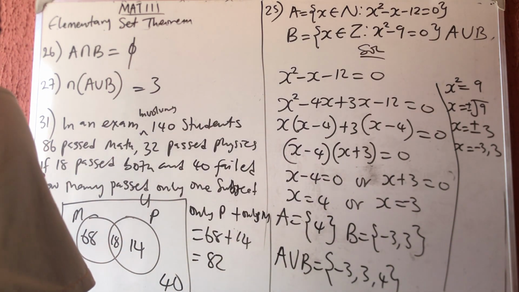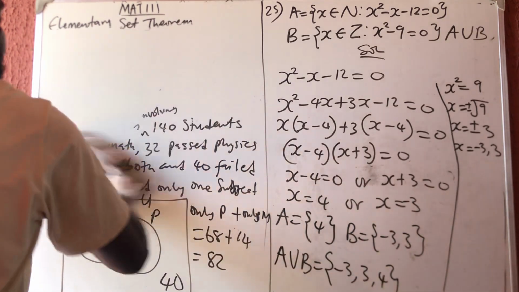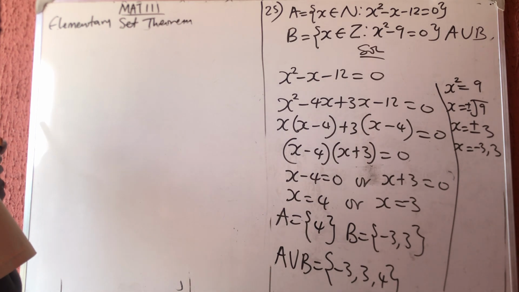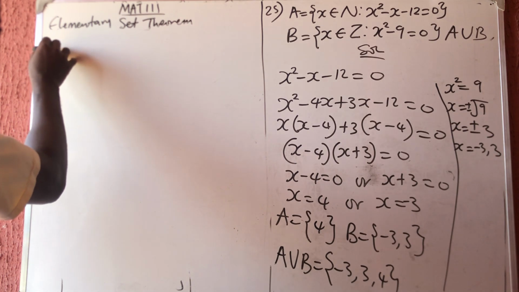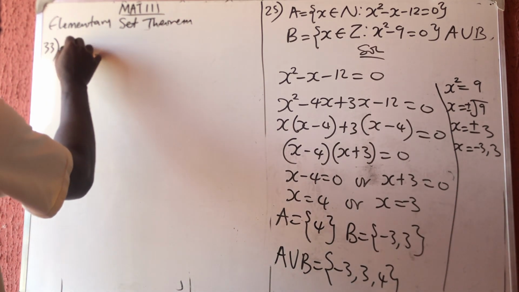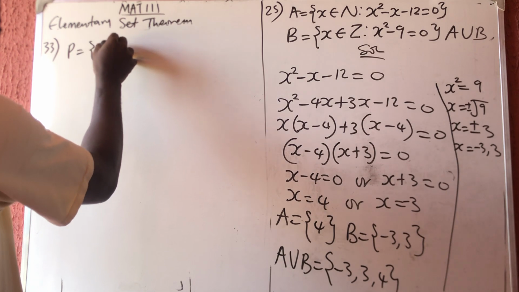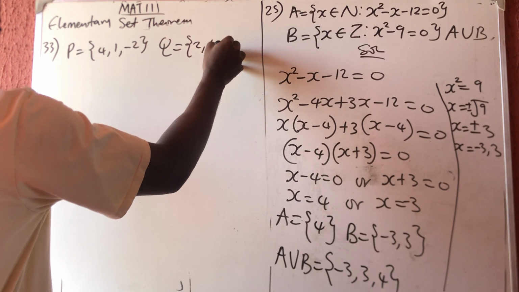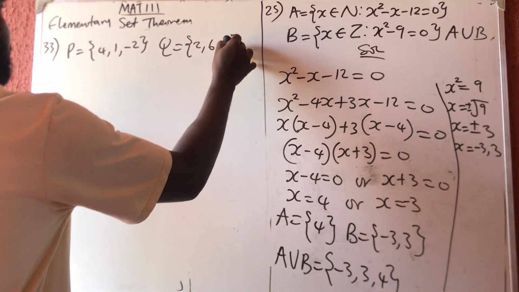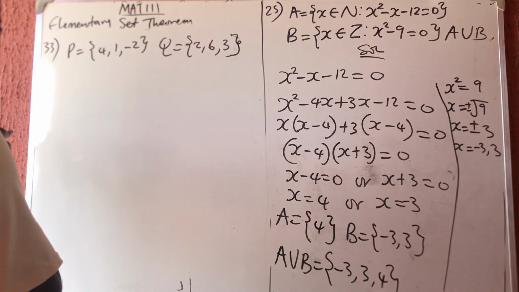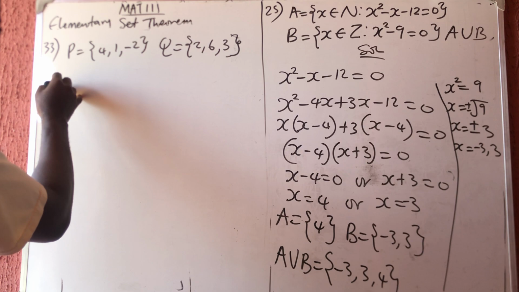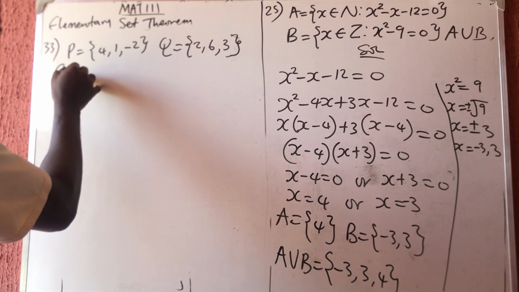All right, so question number 33. Question number 33 said, if P is equal to the set of 4, 1, minus 2, and Q is equal to the set of 2, 6, 3, then they say which of the following is not Q cross P?